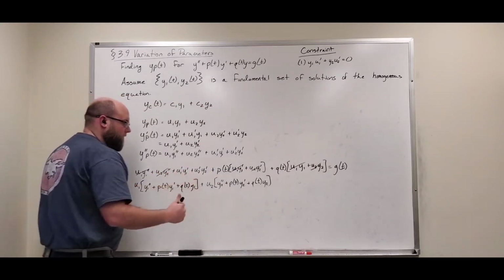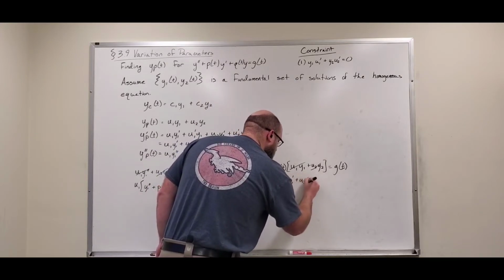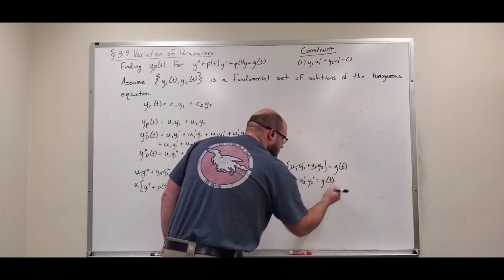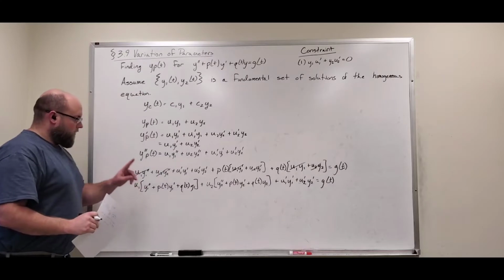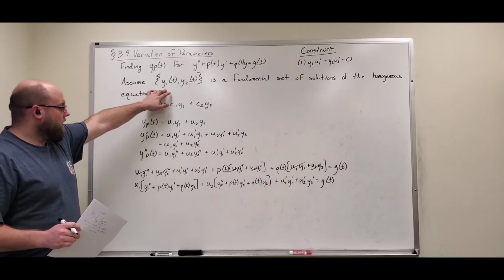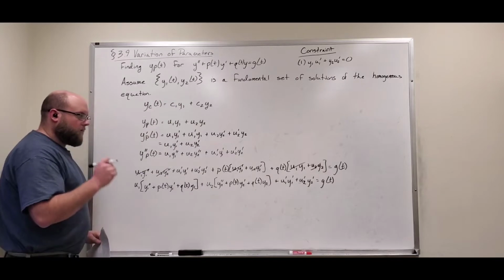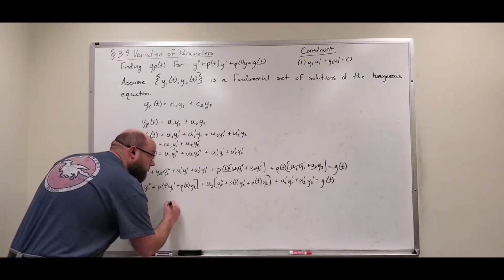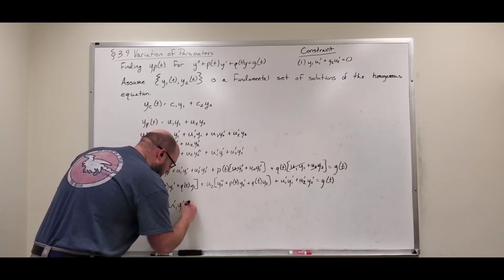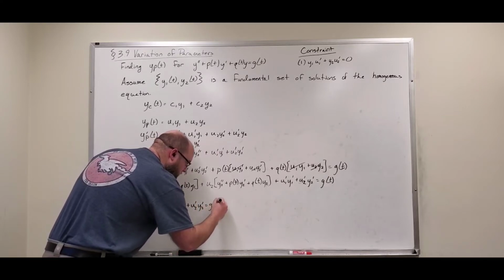We have these two terms here, plus u1 prime y1 prime plus u2 prime y2 prime. And this is all equal to g of t. All right. Well, think about this. We just stated that these guys are solutions to the homogeneous equation, meaning this has got to be 0, and this term has to be 0, leaving us, in the end, just simply u1 prime times y1 prime plus u2 prime y2 prime, and that's supposed to equal g of t.